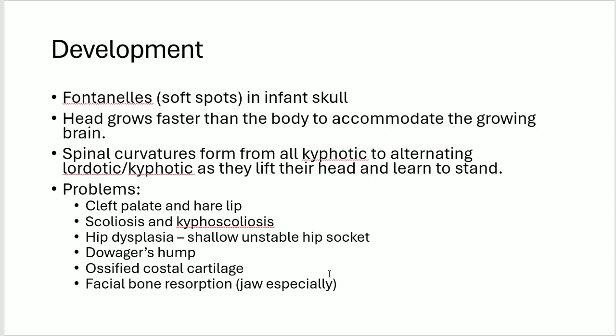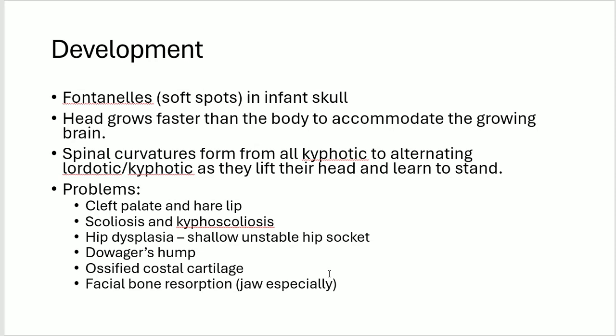And lastly, to tie all this up. So in development, we have what are called fontanelles. Those are the soft spots on infant skulls. It's important because it allows for compression as the head goes through the birth canal, and it allows bones to grow gradually.